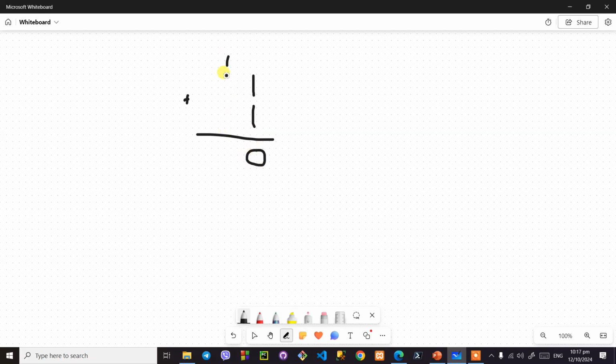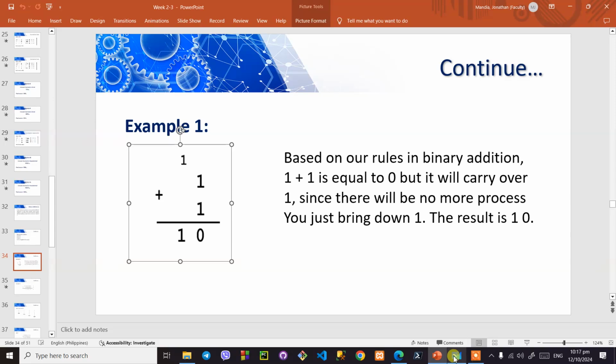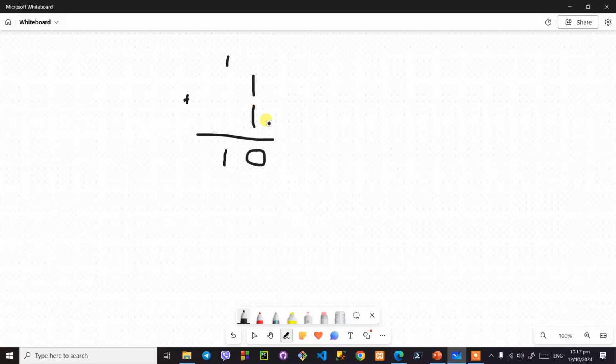Now we bring down 1, so the present result is 1 and 0. How can we know that 1 plus 1 is 2? Supposedly 1 plus 1 is 2. If we convert it to decimal, the value is also 1, and this one, since it is only 1 digit, is also 1.